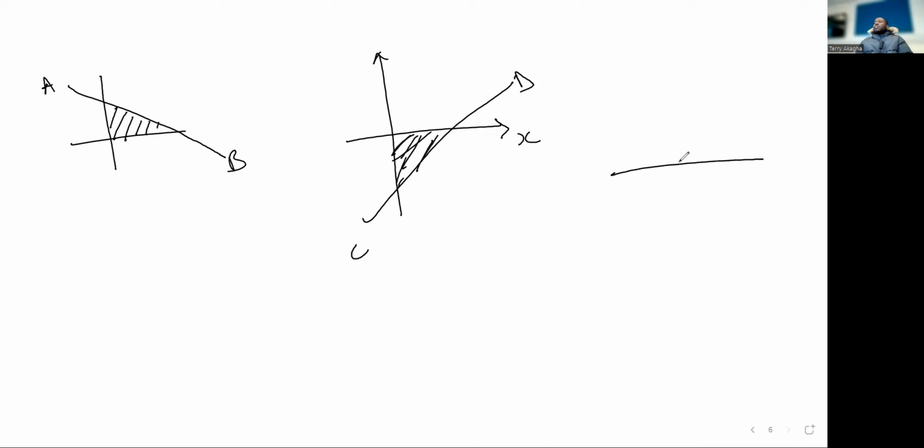Or if you have two lines, line AB and line CD, meeting at different points, you will notice that they form a triangle, and you could be asked to find the area of the triangle.